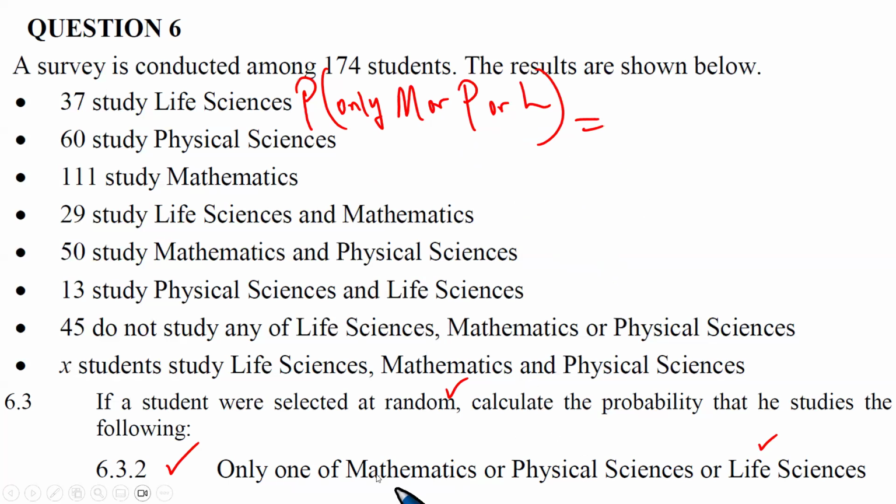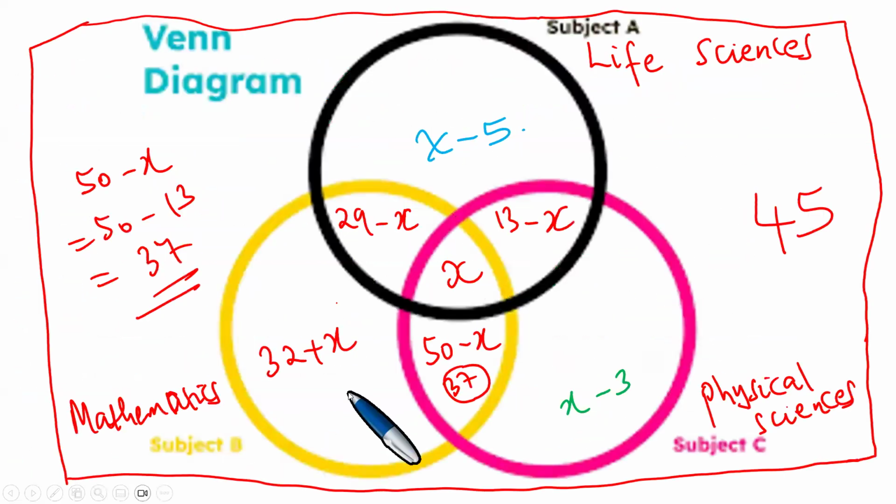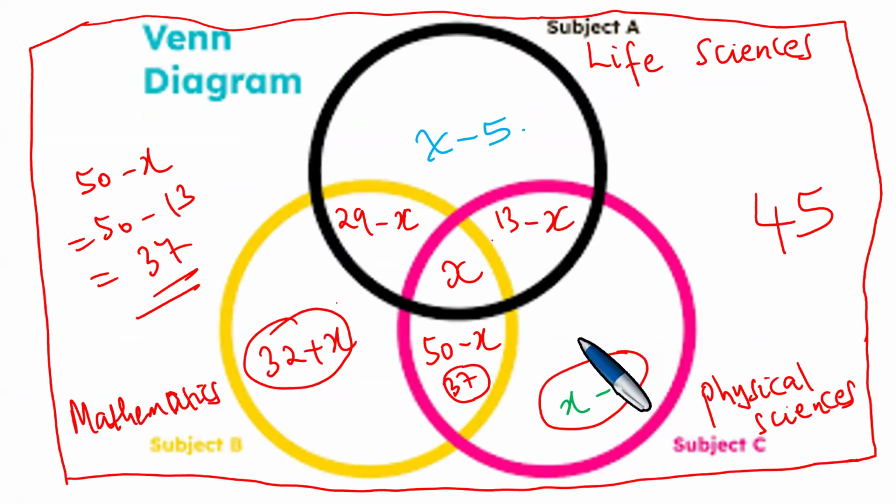So if it is only mathematics, or physical sciences, or life sciences, let us check in the Venn diagram. So it must be 32 plus x, plus this plus this.